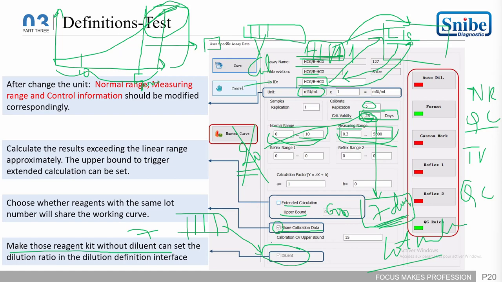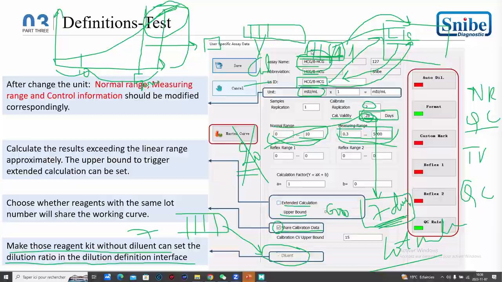So if we select this parameter, for example, this parameter doesn't have diluent. If we select here, we make this reagent kit without diluent able to set the dilution ratio in the dilution definition interface. So after we click this, the parameter will be displayed in the definition diluter interface.